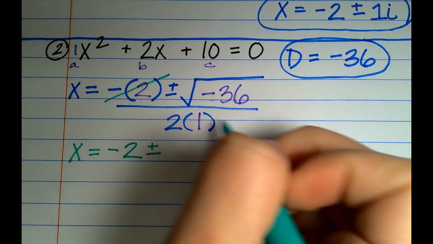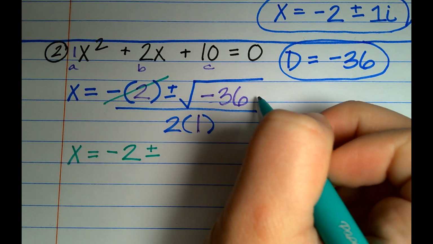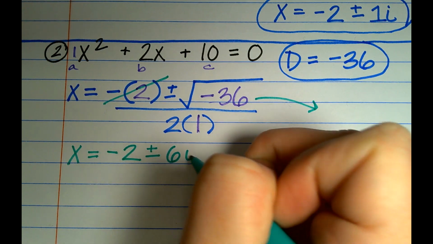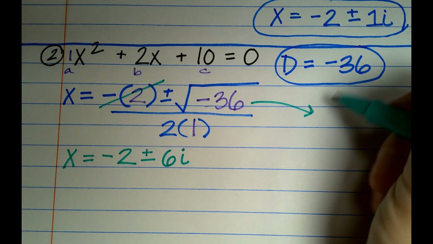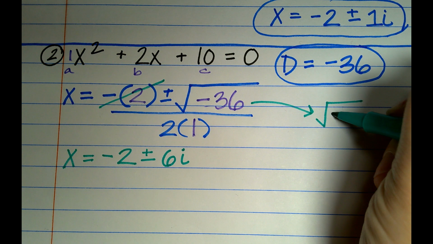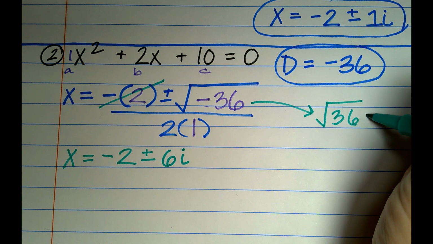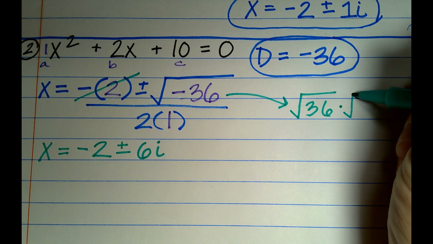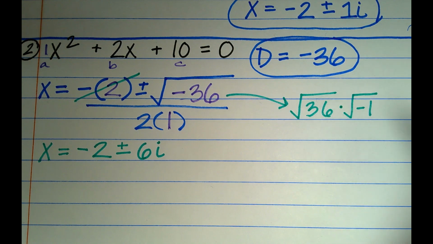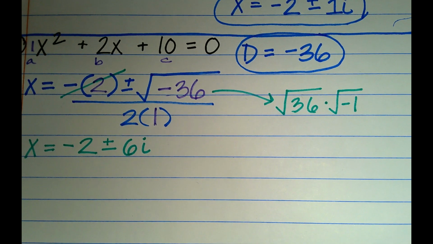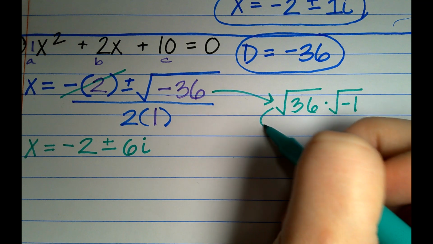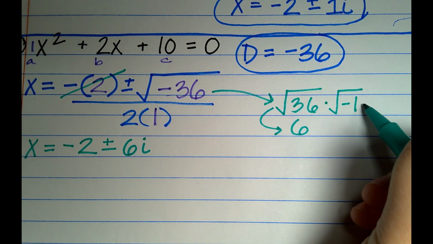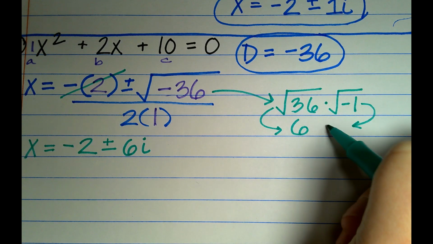Yes, negative 36. The square root of that is, I'm going to write the 6i down. It's just the square root of positive 36 times the square root of negative 1. So we go down from here. The square root of 36 is 6. The square root of negative 1 is i.